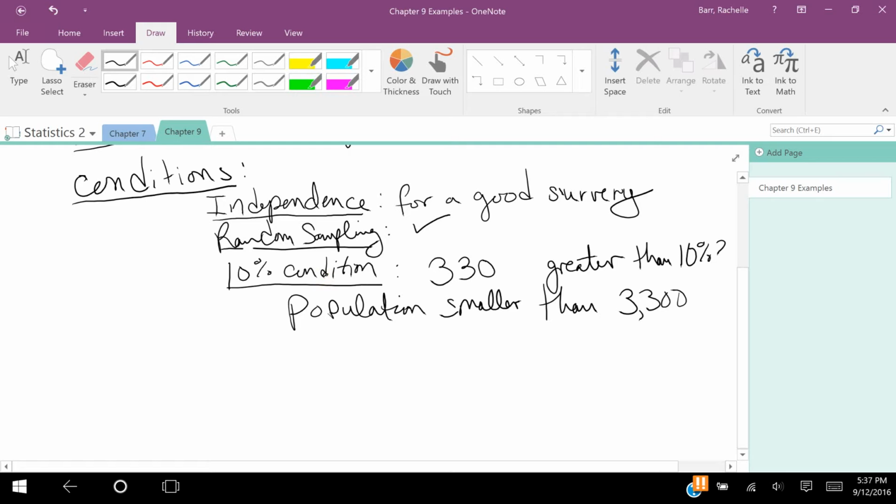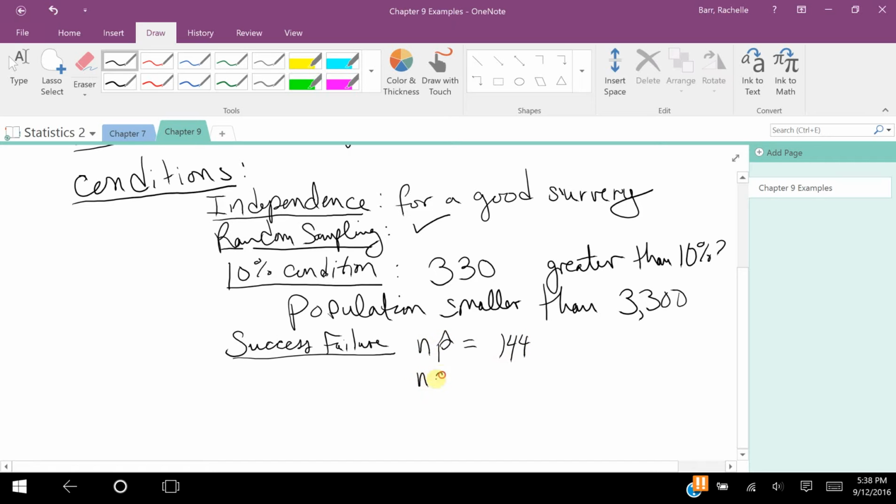So as we move along, we're going to go on to our success-failure condition now. I've got to check that I have at least 10 successes and 10 failures. So I'm going to do n times p hat, which is the number of successes. That's just 144. Oh, that was actually easier than doing that.